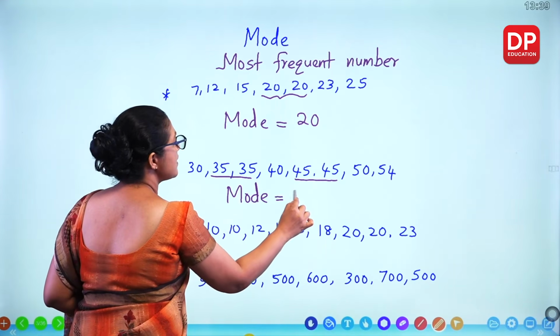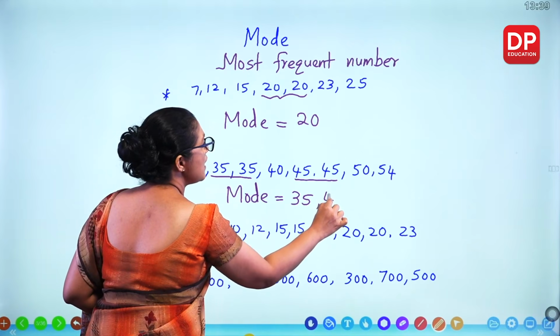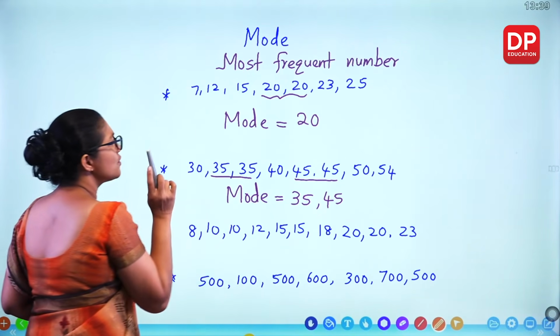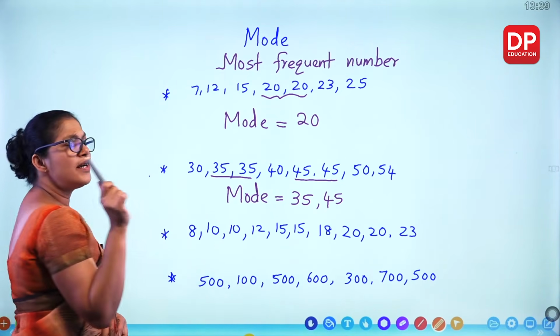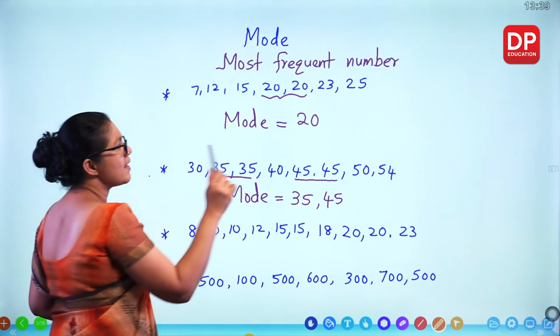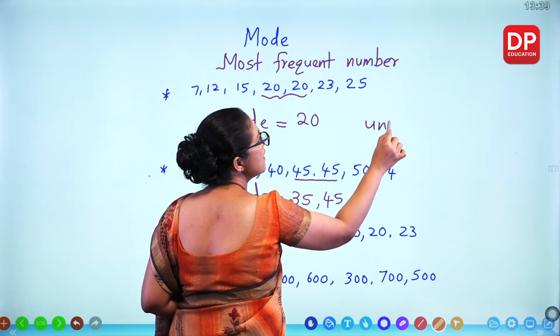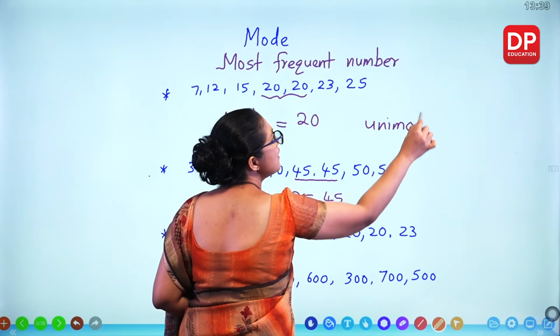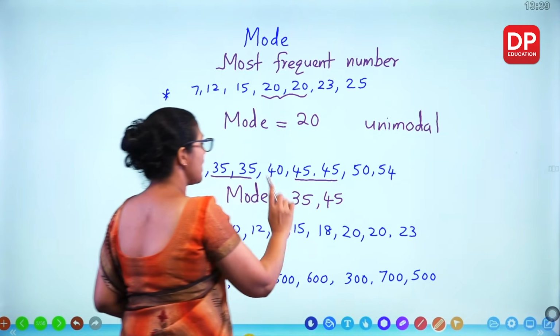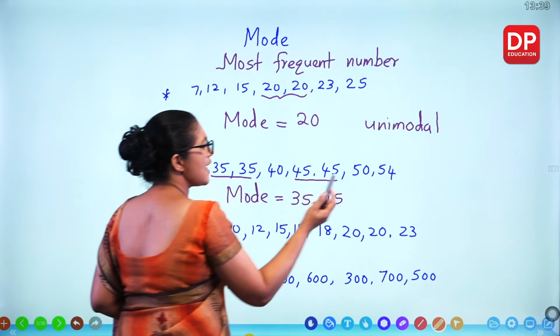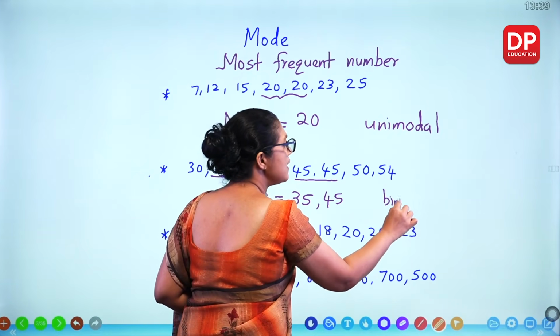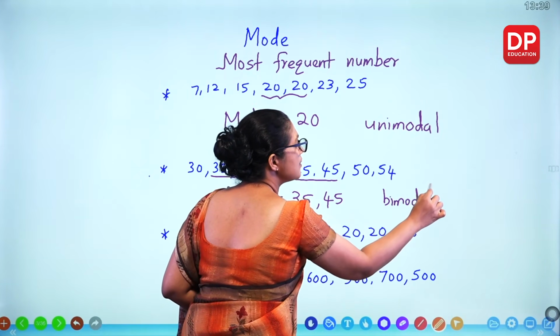You have to write 35 as well as 45. So when you get one mode value we say unimodal data set. When you get 2 mode values we say bimodal data set.